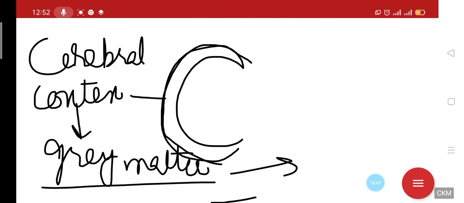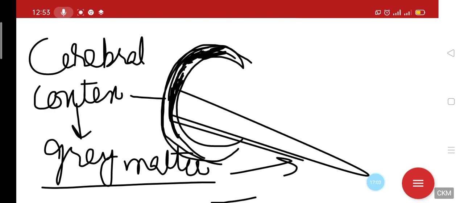Beneath the cerebral cortex, there is one more layer, known as the white matter.